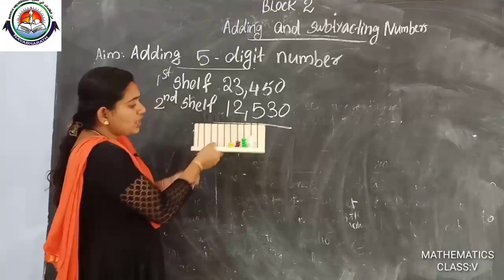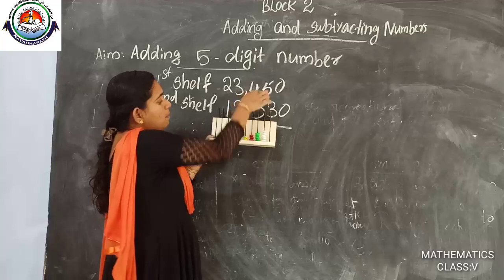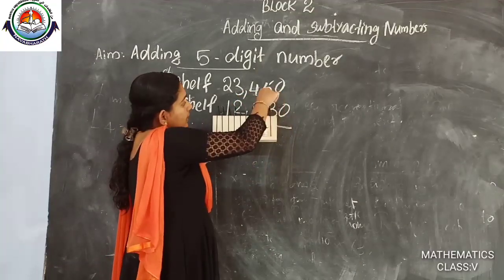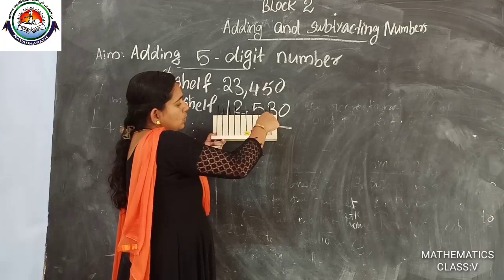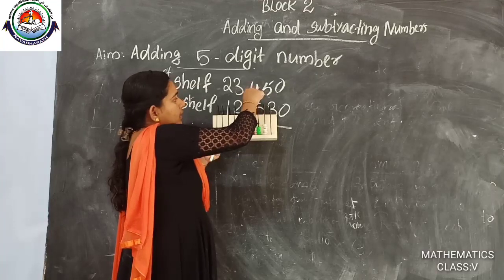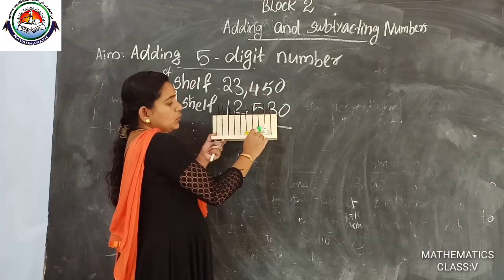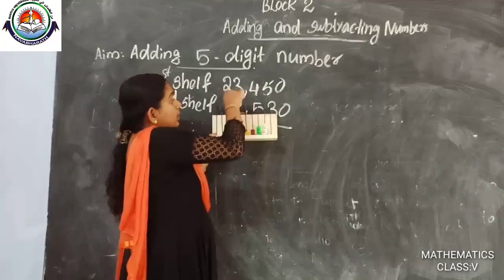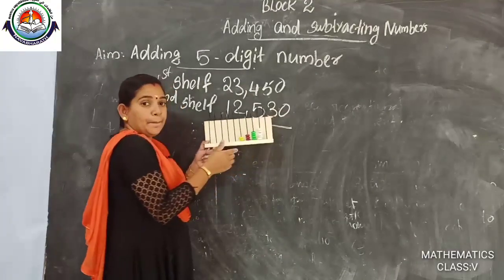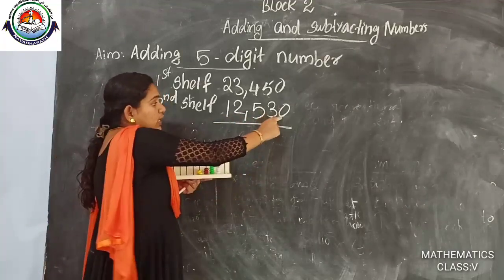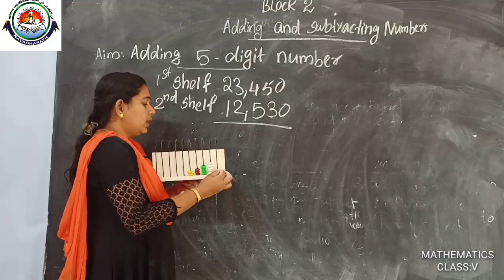Okay. We are arranging the numbers on the abacus. Ones place 0, there are no beads. Tens place 5: 1, 2, 3, 4, 5. Hundreds place 4: 1, 2, 3, 4. Thousands place 3: 1, 2, 3. Ten-thousands place 2. Okay. Then we will arrange the next number on the abacus. Ones place 0, no need here.